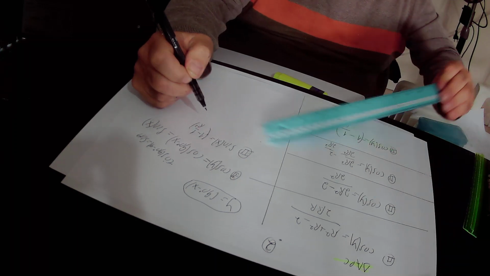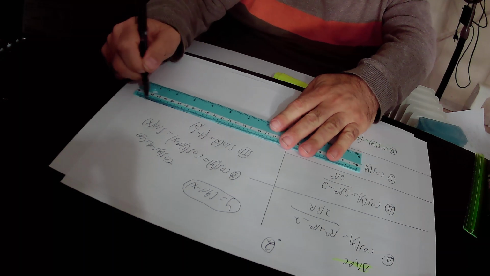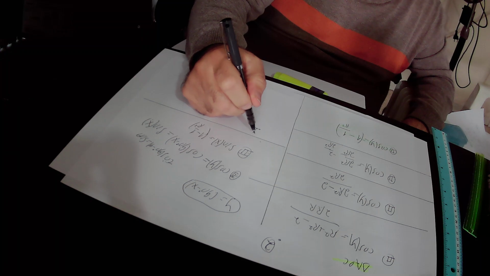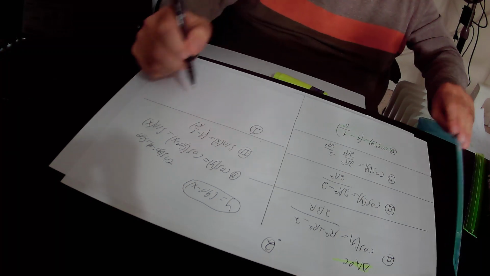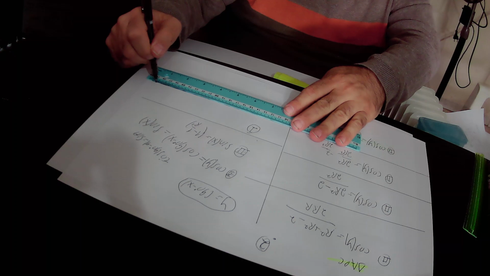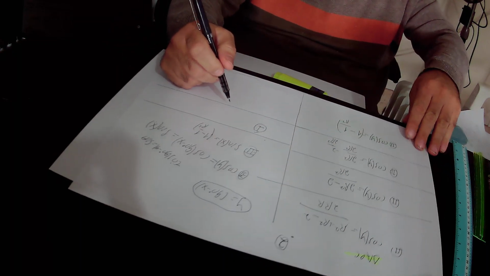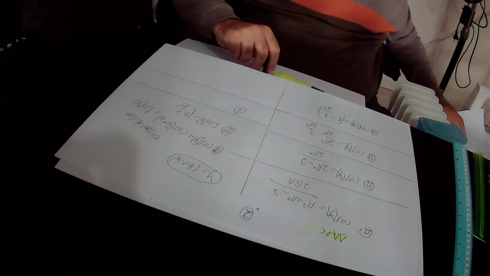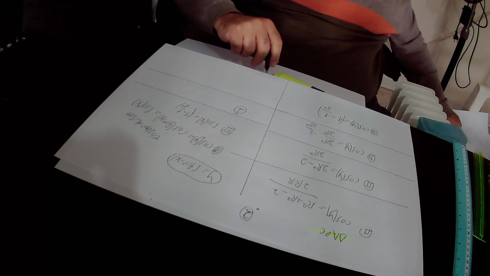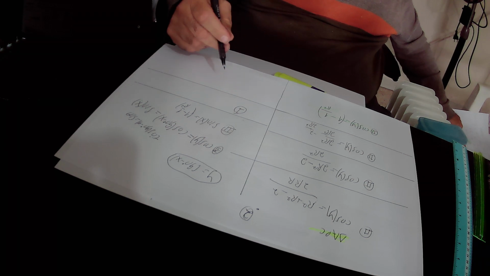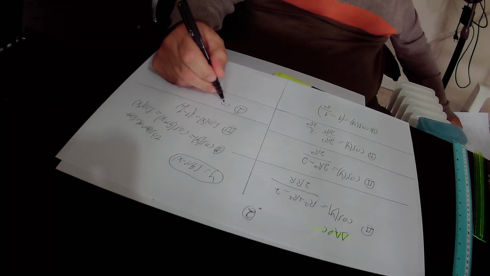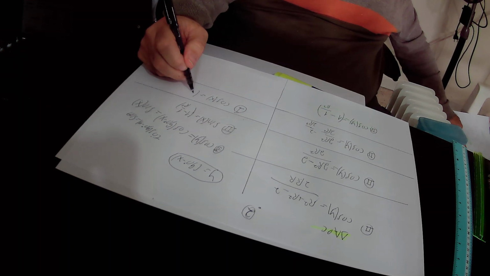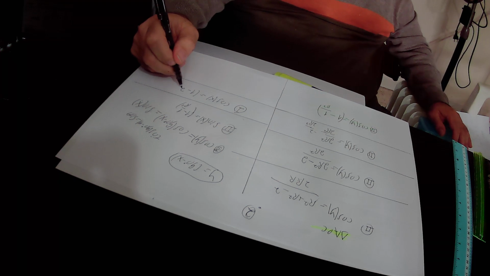And we have already found out that according to equation number 1, cosine x equals 1 minus 2 over r squared.